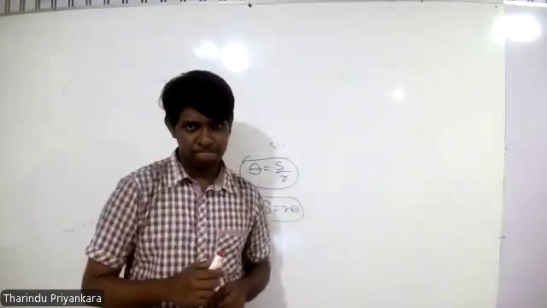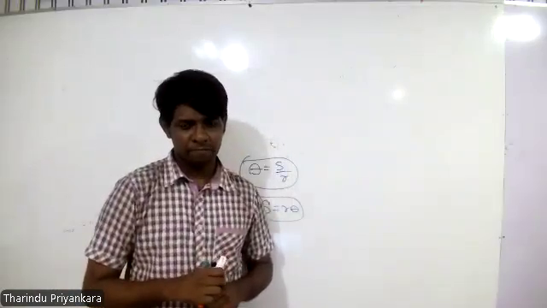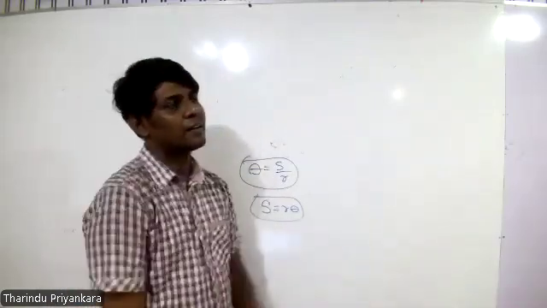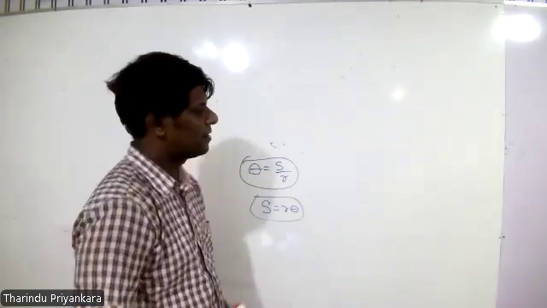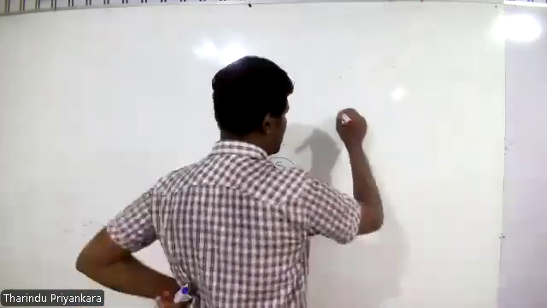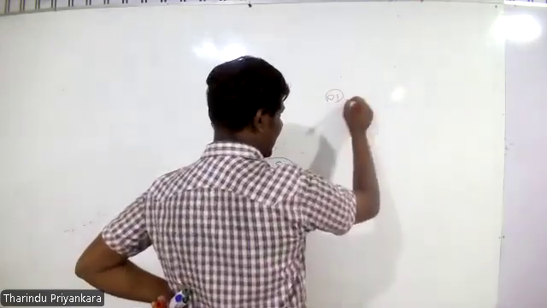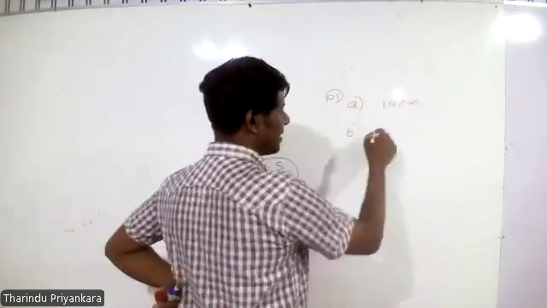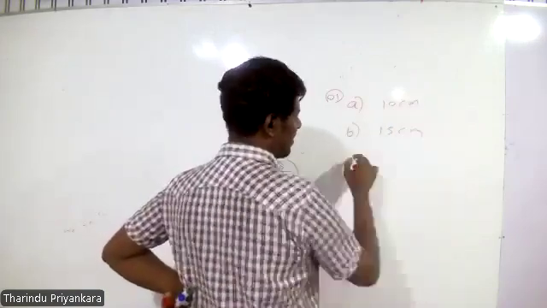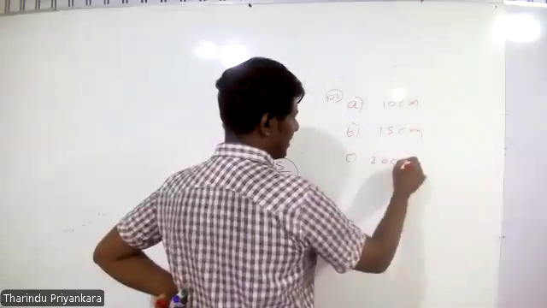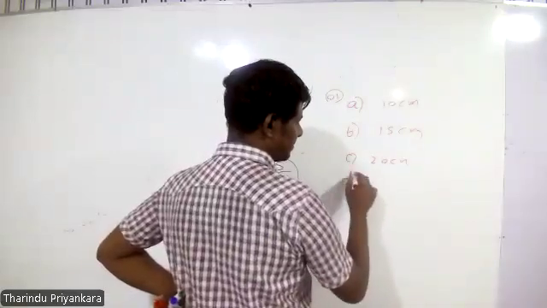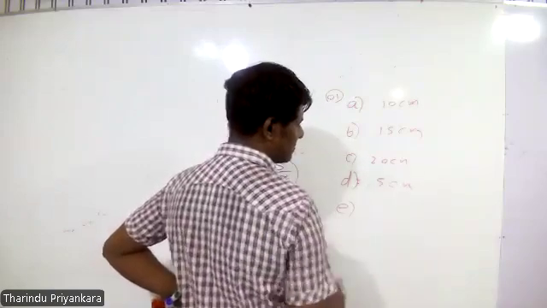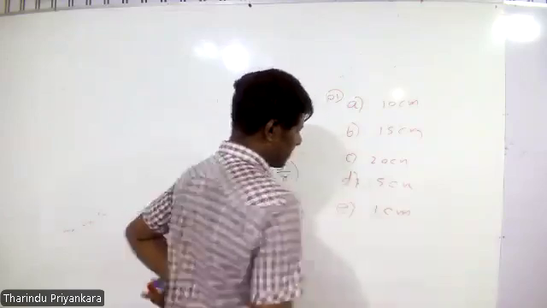If the radius of a circle is 10 centimeter. Question number 1. A. 10 centimeter. B. 15 centimeter. C. 20 centimeter. D. 5 centimeter. E. 1 centimeter.